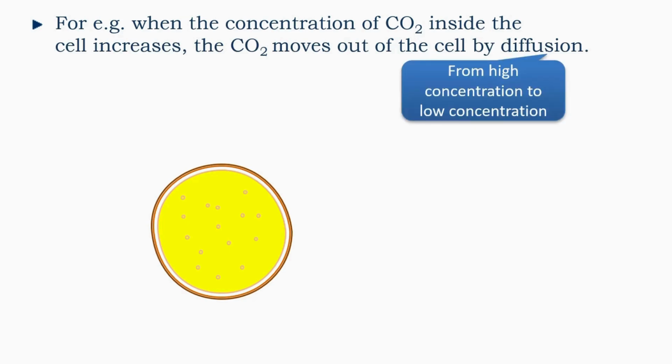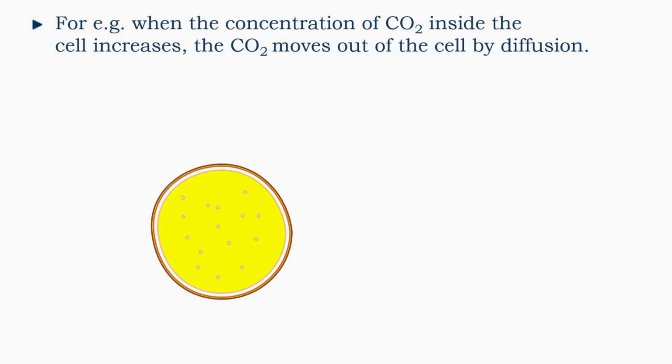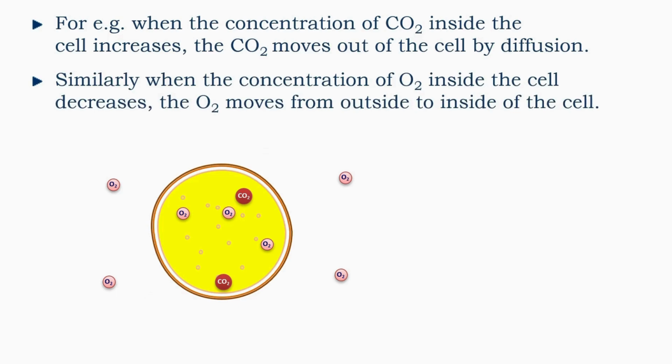So, diffusion means from higher concentration to lower concentration. Similarly, when the concentration of O2 inside the cell decreases, the O2 moves from outside to inside of the cell.